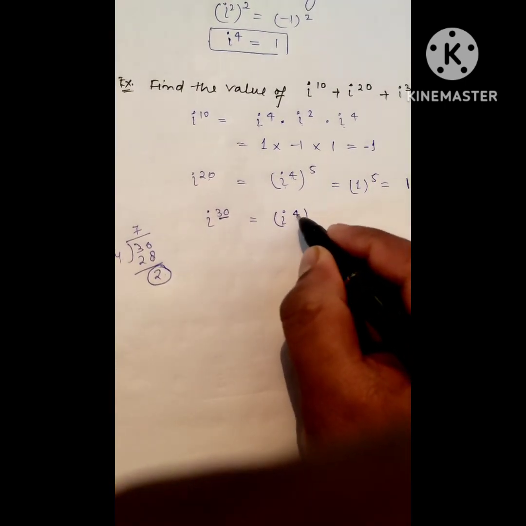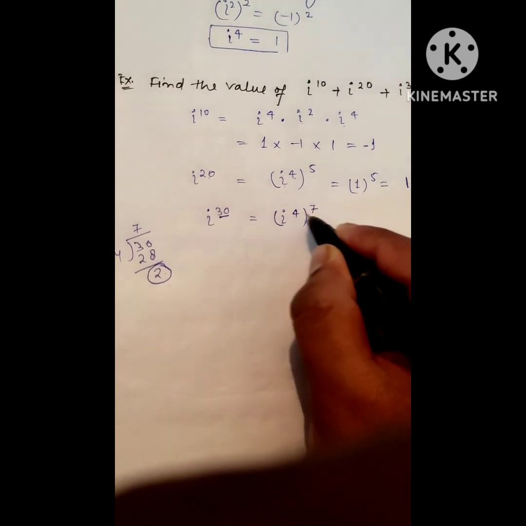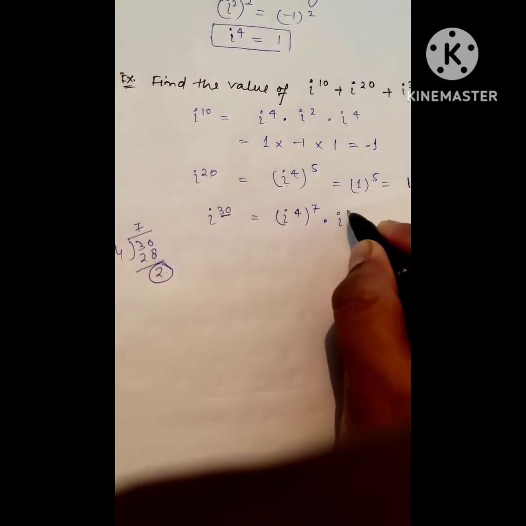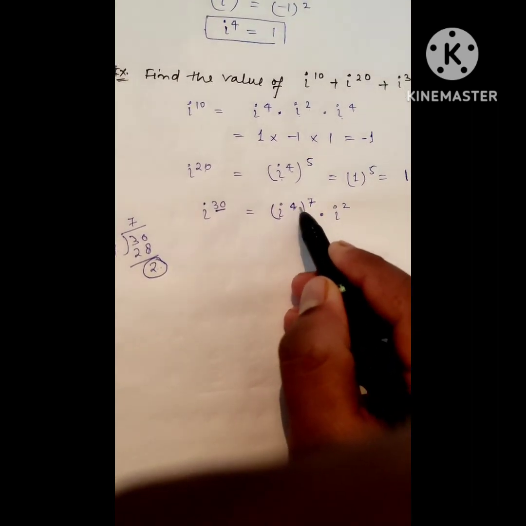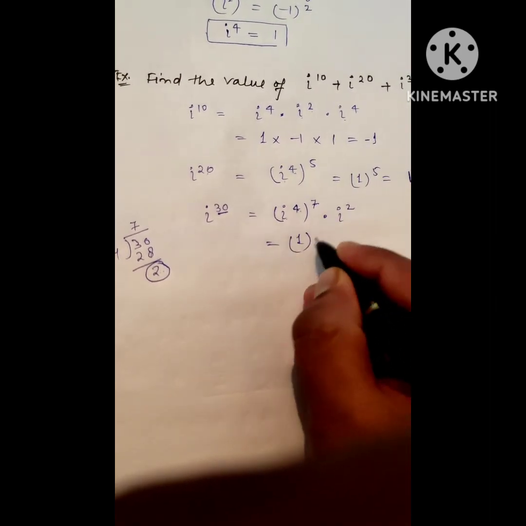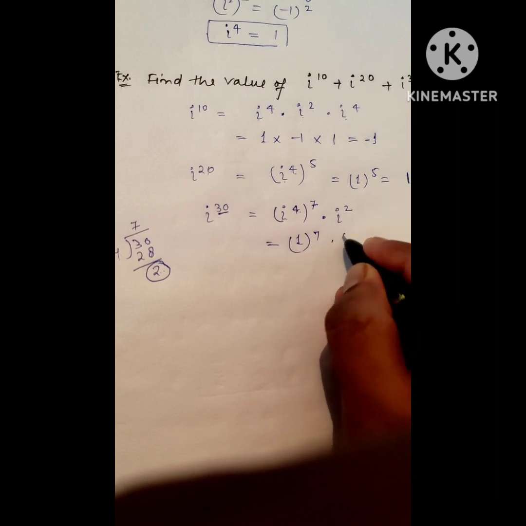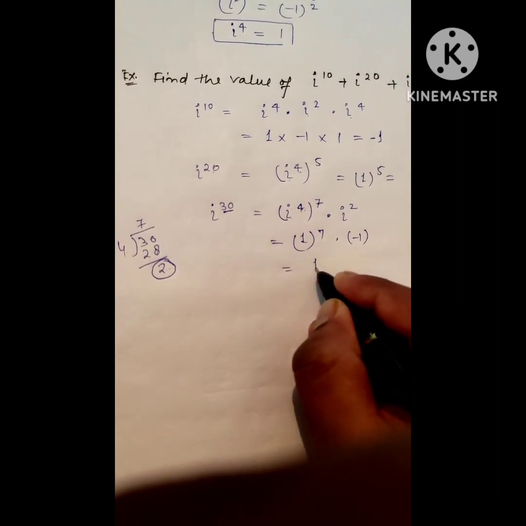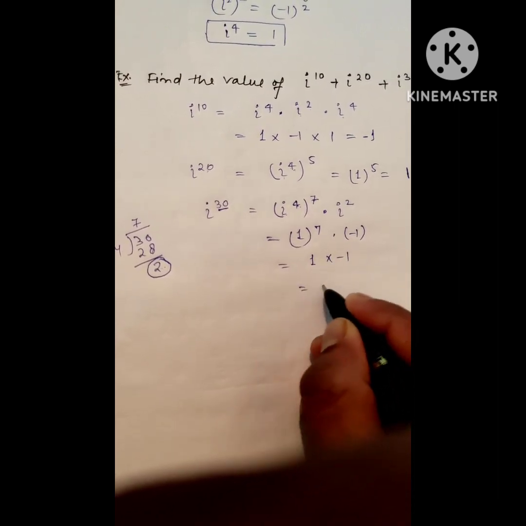So we reduce it to i to the power 4 into 7 times i square, since 7 times 4 is 28 plus 2 is 30. i to the power 4 is 1, 1 to the power 7 into i square is minus 1, so 1 into minus 1 is minus 1.